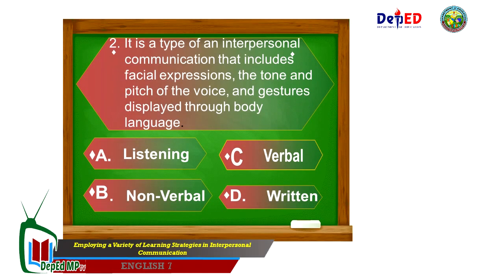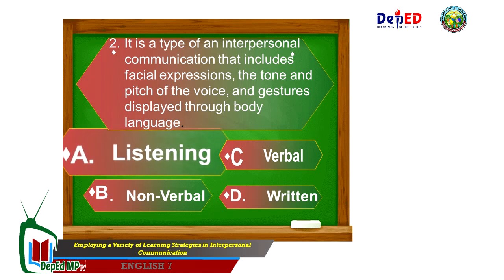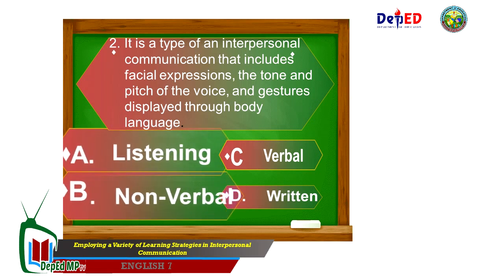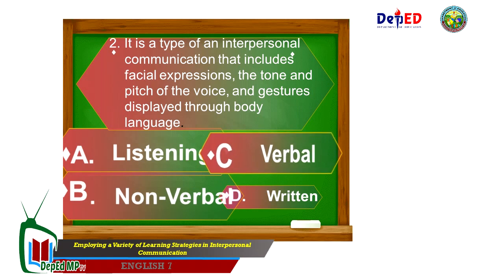Number 2. It is a type of interpersonal communication that includes facial expressions, the tone and pitch of the voice, and gestures displayed through body language. A. Listening. B. Nonverbal. C. Verbal.